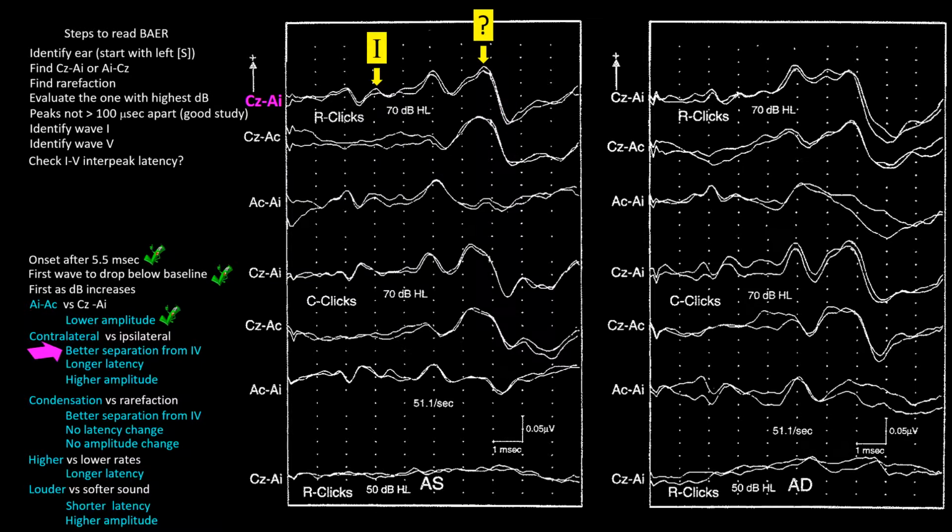So this item goes in the support column. Next item is the longer latency contralaterally than ipsilaterally. So in this case, the latency to the ipsilateral derivation is shorter than the latency to the contralateral derivation. Thus, this item also supports that the putative wave 5 is the real wave 5.